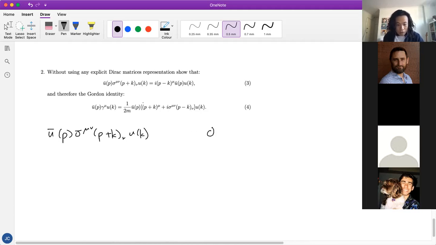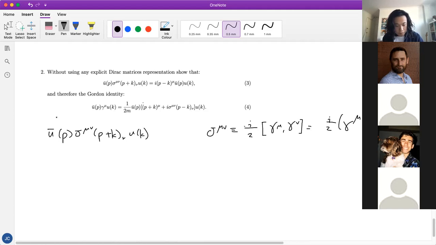Okay, so to start, we look up the definition for sigma mu nu. This is given by the commutator of gamma mu, gamma nu. The commutator is the minus version of the anti-commutator. There you go. Okay, now we put it into here.